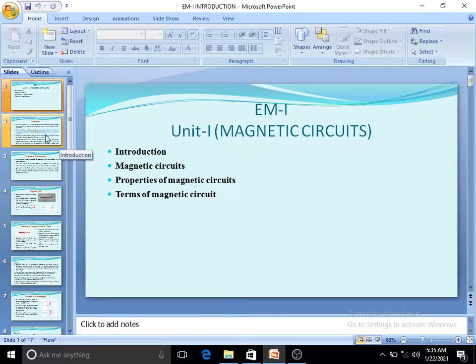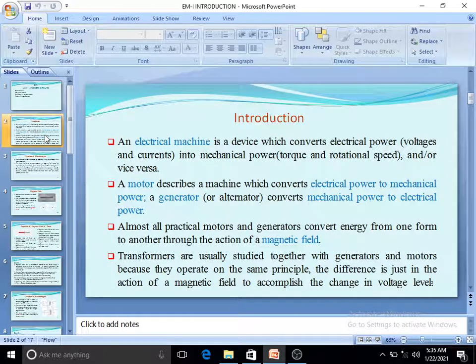Coming to our first slide, introduction. We know that a machine is something which reduces human effort. What about the electrical machine? An electrical machine is a device which converts electrical power into mechanical power, or vice versa.